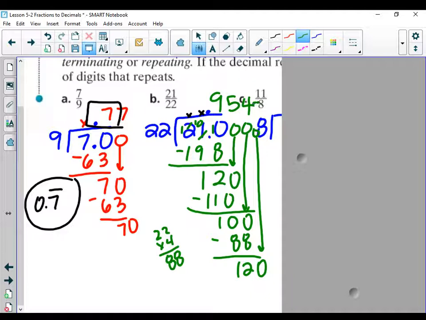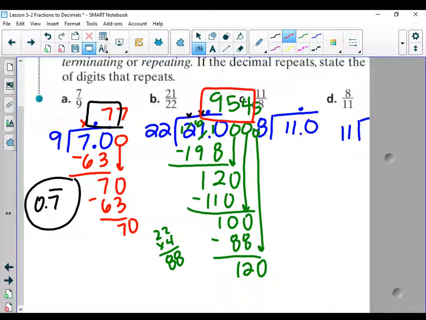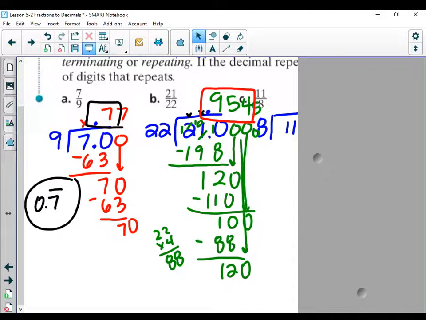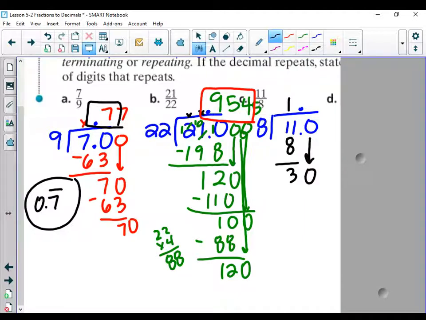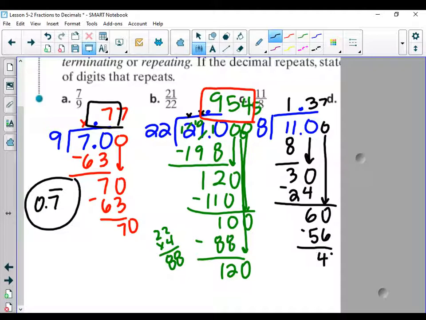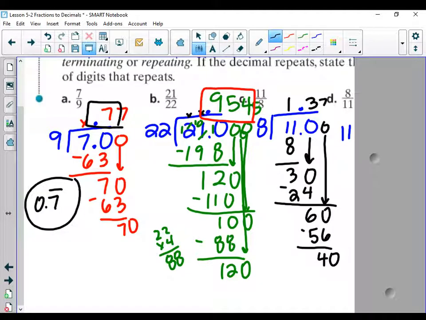Oh, I found a repeat. Not a repeat. I found a terminating one.